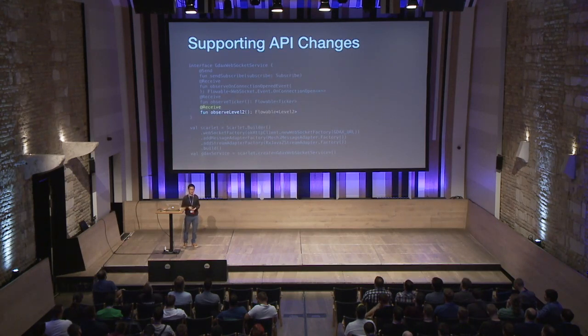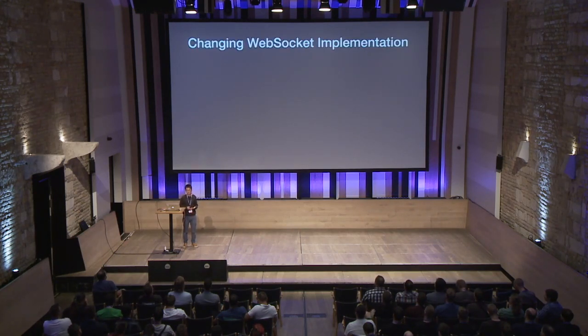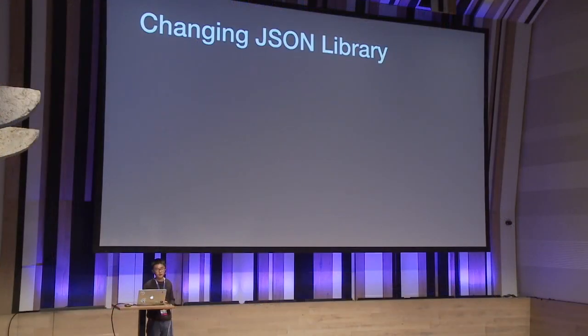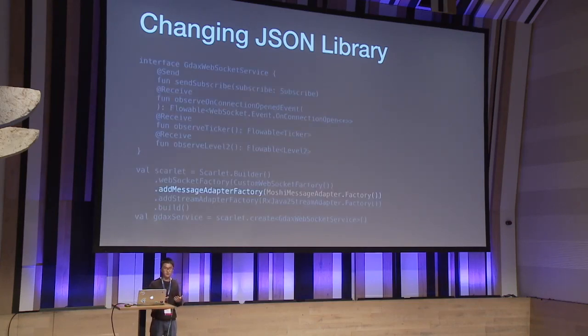Suppose you want to change your WebSocket implementation into a custom one, you can do it in one line of code by just switching the plugin. And if you want to migrate from Moshi to Jackson, it also takes one line of code, to switch the plugin.